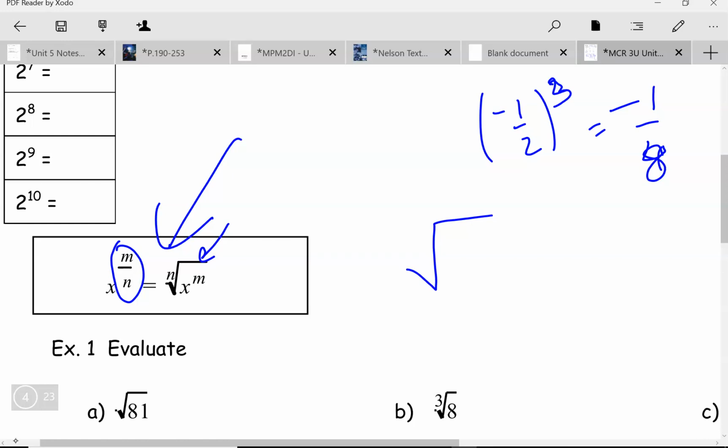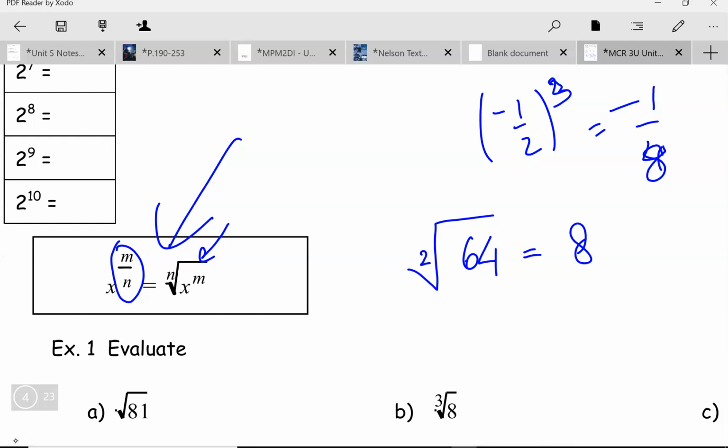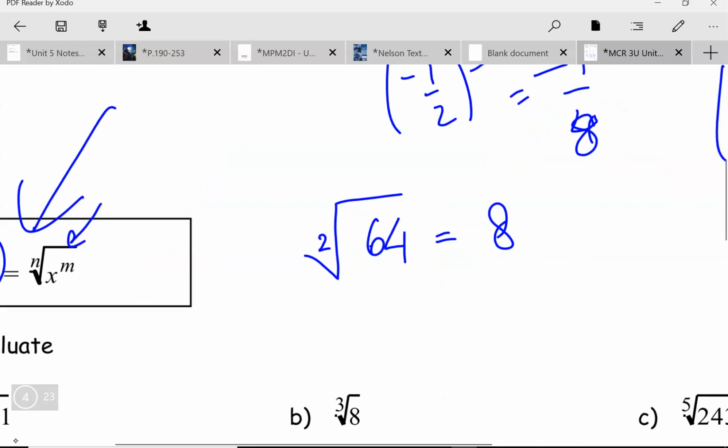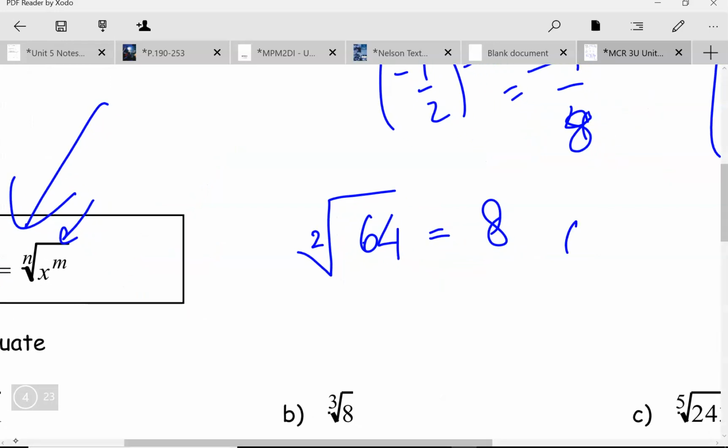For example, the square root of 64, you all know very well, is 8. What's technically invisible here is a 2. When I put the 2, it means I'm doing the opposite of the square, taking the square root. In terms of exponents, this looks like 64 to the power of half, which is actually the square root of 64.